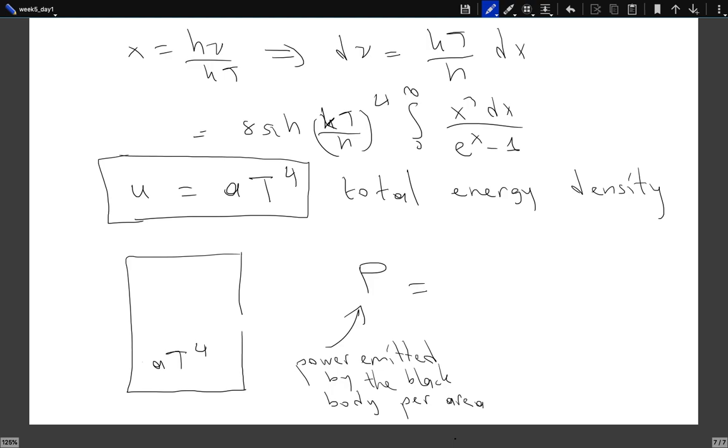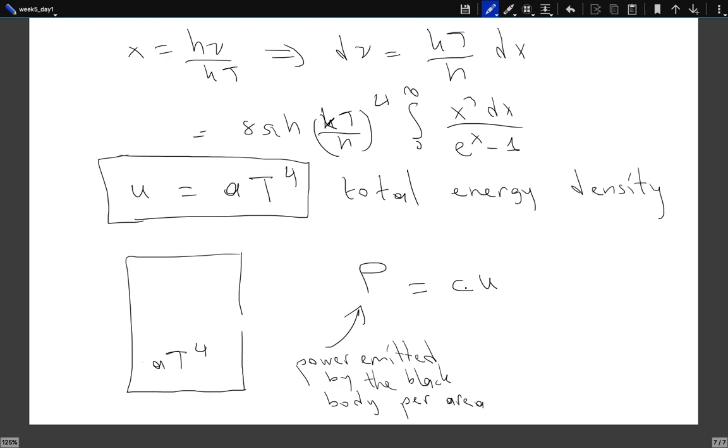The larger the t, the larger the energy density, the larger the power will be. You can think of it as having some kind of density which is moving at the speed c. The flux, the flow corresponding to a density, is nothing but the density times its speed.